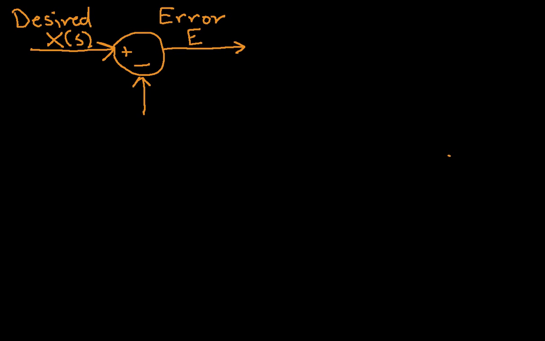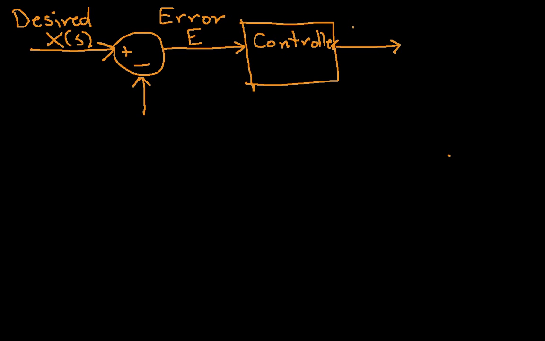Okay, this is the difference between what we want, the desired, and what we think we're getting out of the system. We take that error and we run it through a controller, and the controller gives us an input to the system, or to the plant, which we're going to call u.